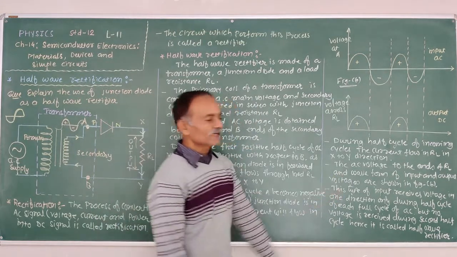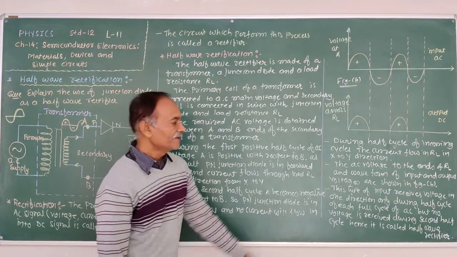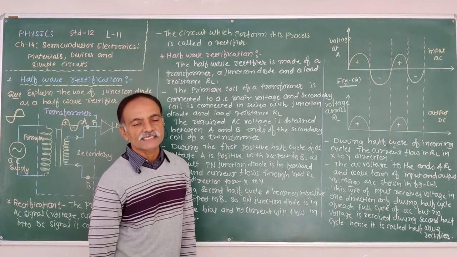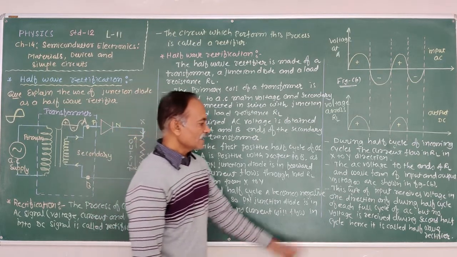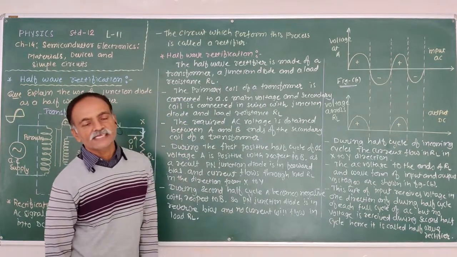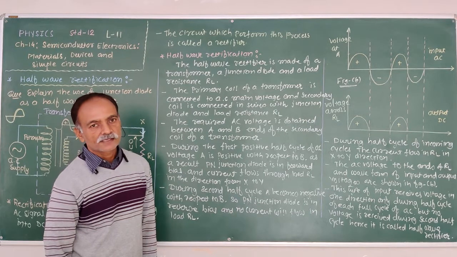This type of circuit receives the voltage in one direction only, during the half cycle of each full cycle of the AC signal. But no voltage is received during the second half cycle, hence it is known as the half wave rectifier. Clear?